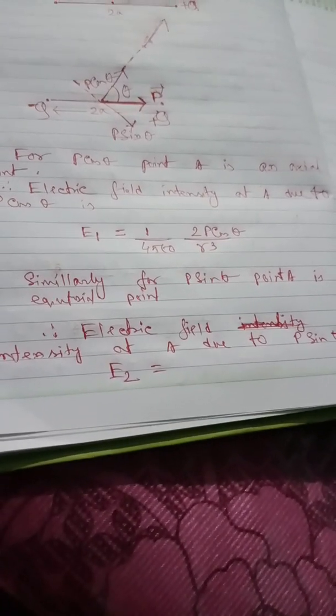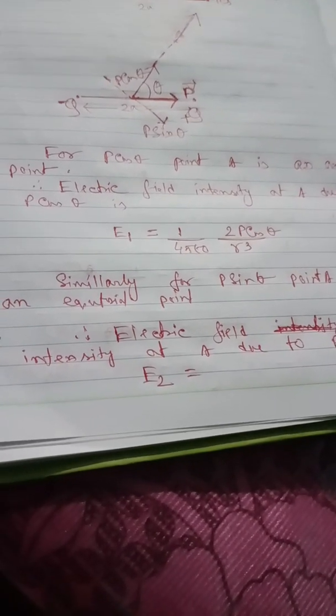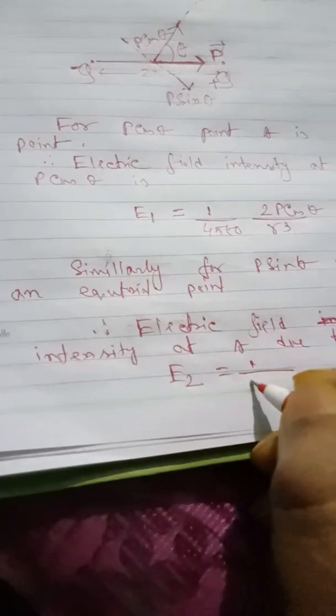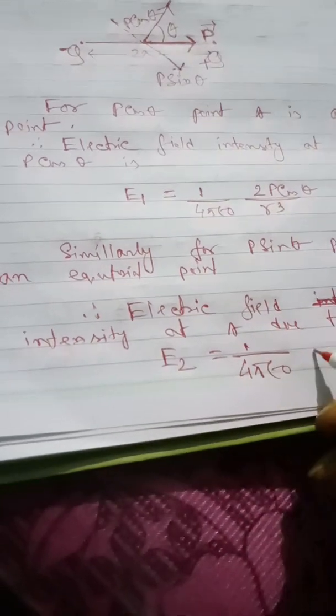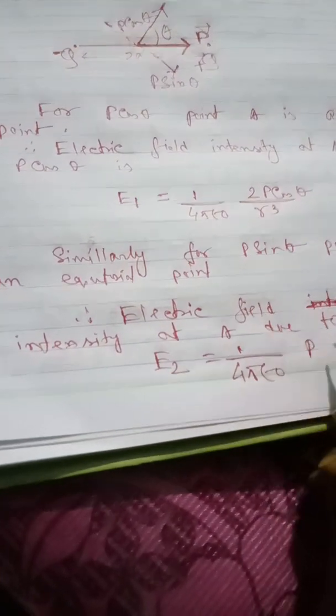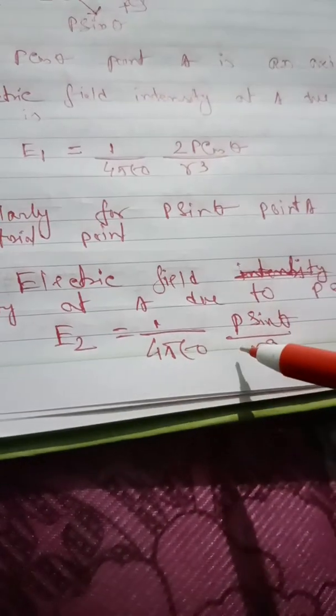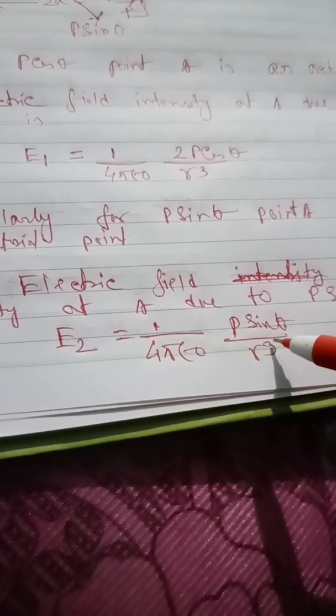So what is the expression for the equatorial point? The expression of the electric field intensity is 1 by 4 pi epsilon naught, then P by r cube. So here in the place of P we'll put P sin theta, because this is the equatorial point for the P sin theta term. Therefore E2 is equal to 1 by 4 pi epsilon naught P sin theta by r cube. So this is the electric field intensity for the component P sin theta.